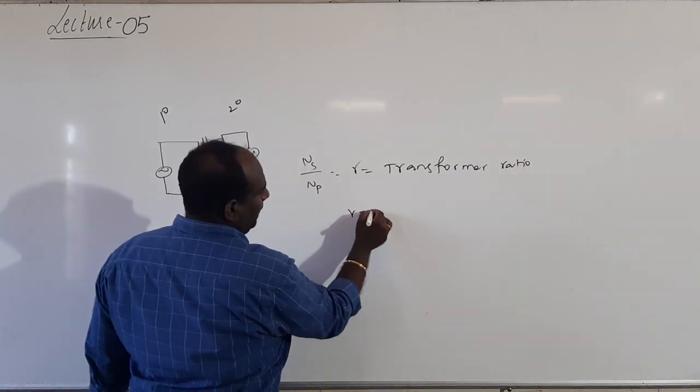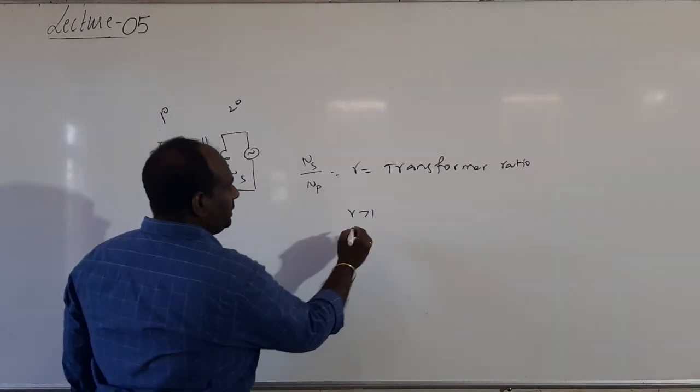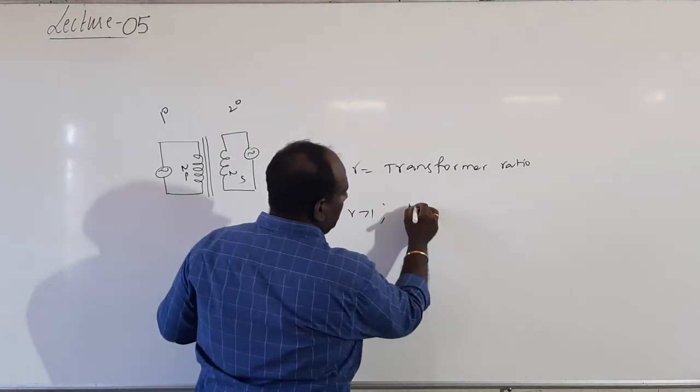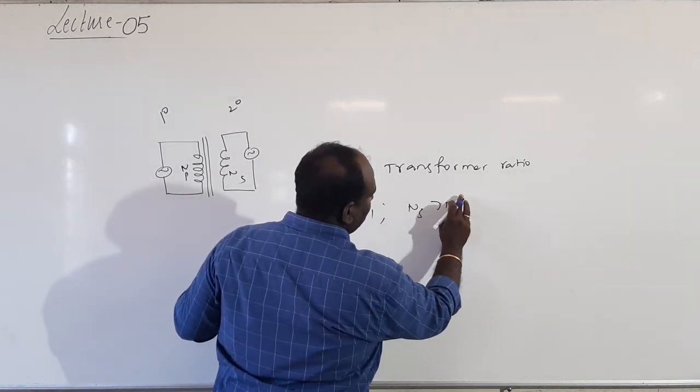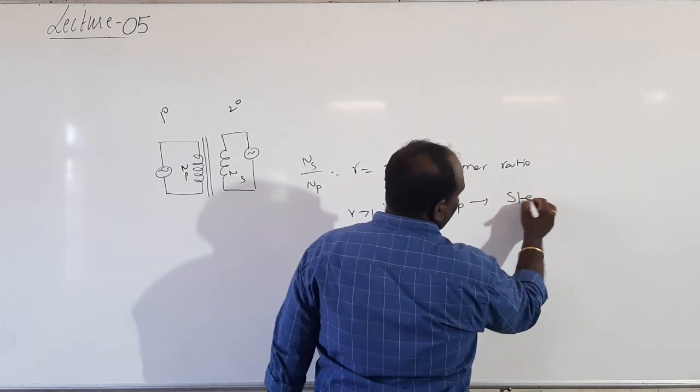Here if R is greater than 1, that means Ns is greater than Np only, no? R greater than 1 means Ns greater than Np. This is known as a step up transformer.